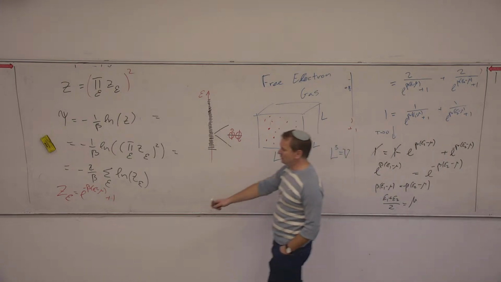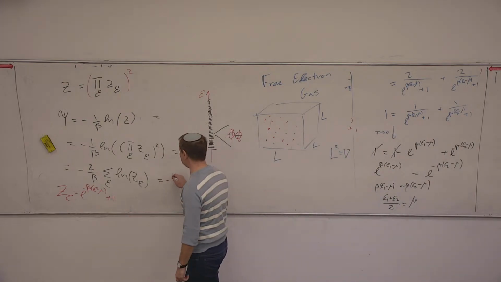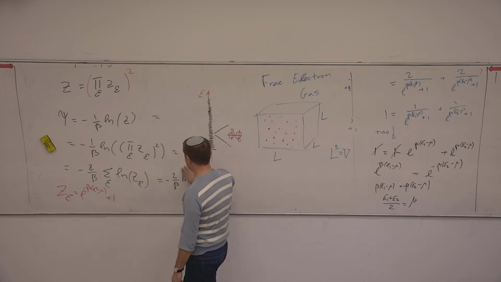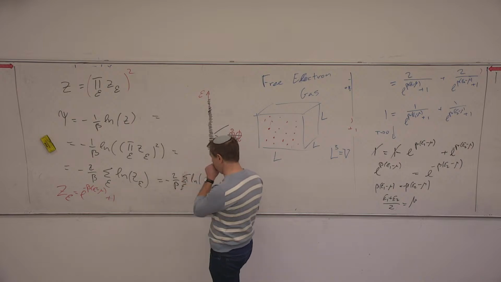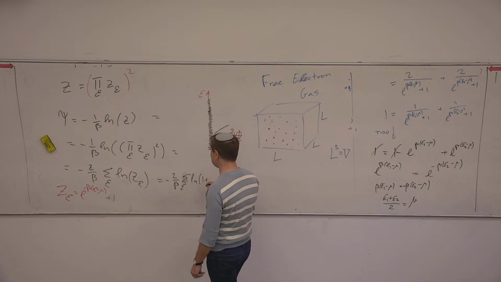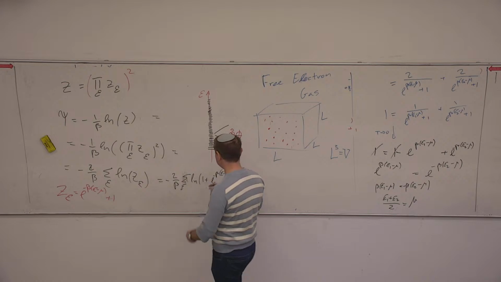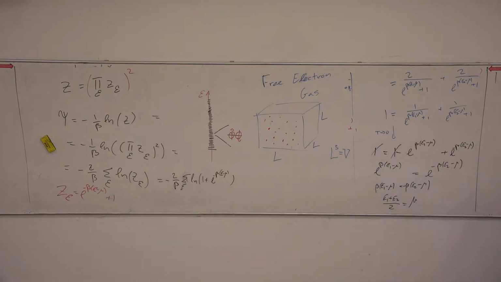So I plug this z epsilon inside the log, and I'm going to have -2 divided by beta, a sum over epsilon log of 1 plus e to the power minus beta epsilon minus mu. Problem is, what are the different epsilons that I have inside?